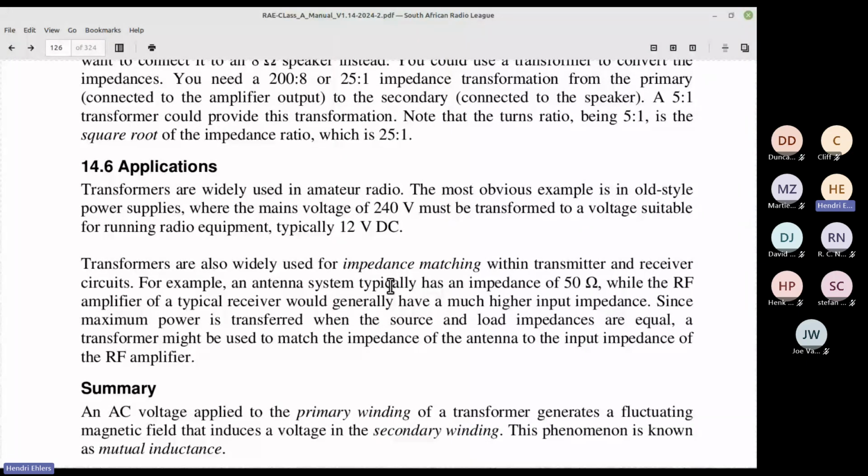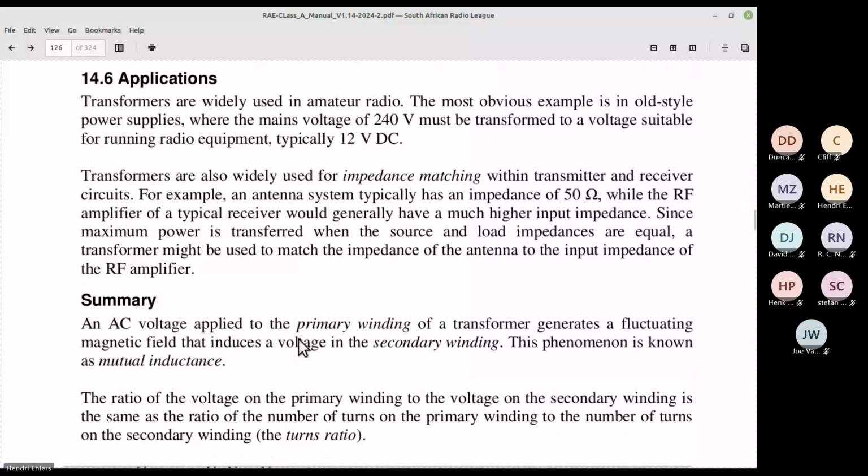It's very easy. It's just a couple of windings through a core. Not an iron core, because iron is too slow. I'll get to the name anyway. But you will typically use a transformer to match your antenna to your radio.